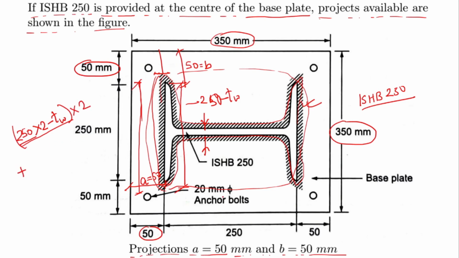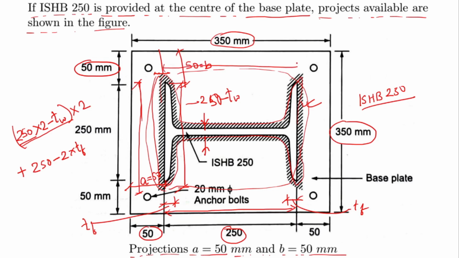As the I section has two flanges, I have multiplied it by 2, plus for the web, the length of the web is 250, and from it I have to subtract the thickness of the flange from both sides, which is also tf. So 250 minus 2 into thickness of flange for one side of the web.